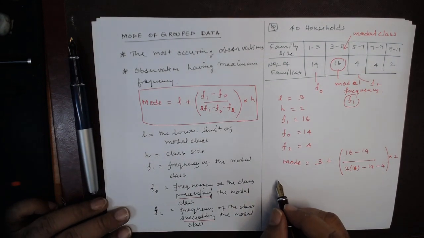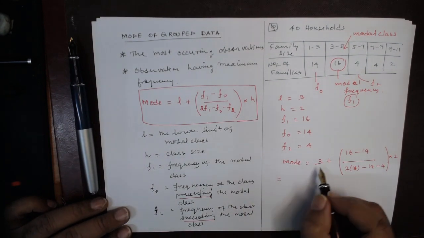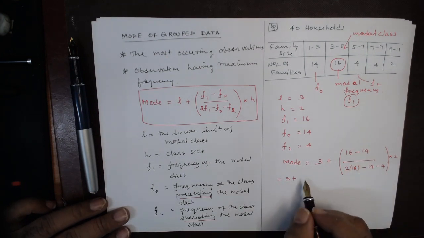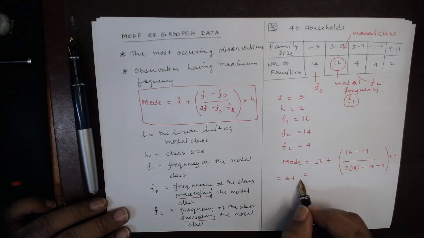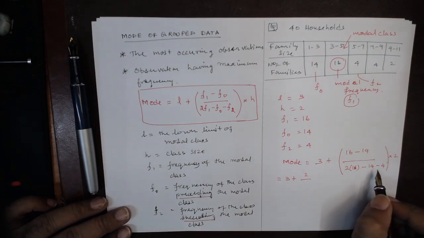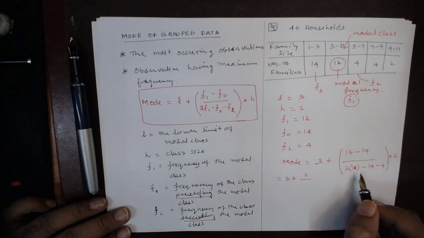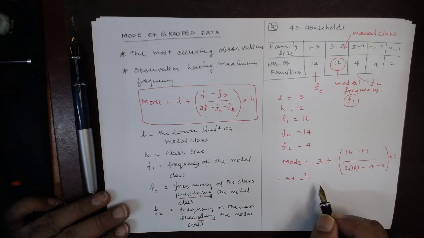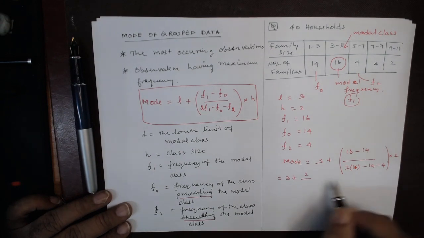Now let us find out 3 plus 16 minus 14, 2, divided by 32 minus 18, not 28, 18. So the difference is 32, 18 means 14.